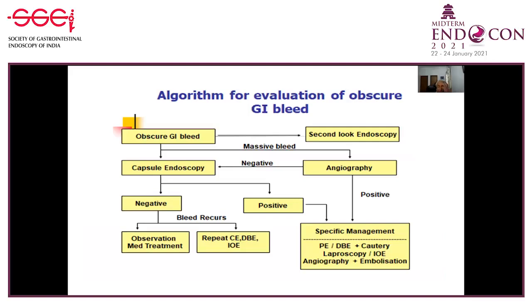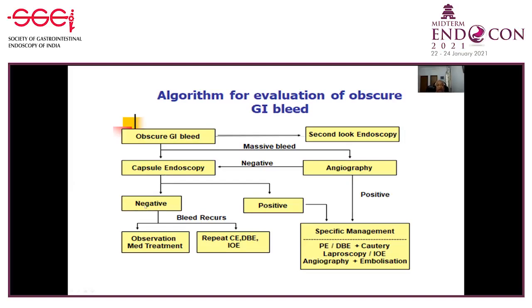What would be an algorithm for evaluation of obscure GI bleed? If the bleed is massive, then angiography is the choice of test. And if you find a lesion, then appropriate management to stop the bleed should be done. If it is not massive, then capsule endoscopy is the diagnostic test of choice. If you get a positive finding and see the lesion, go on to specific management.